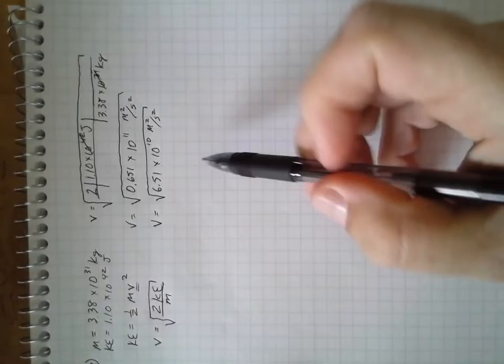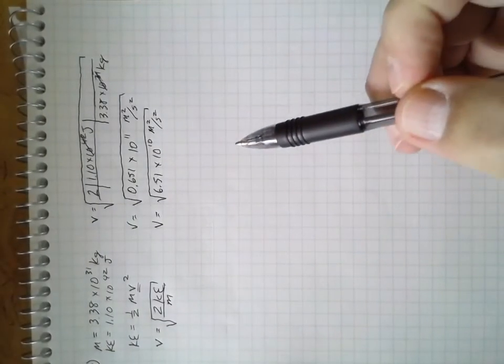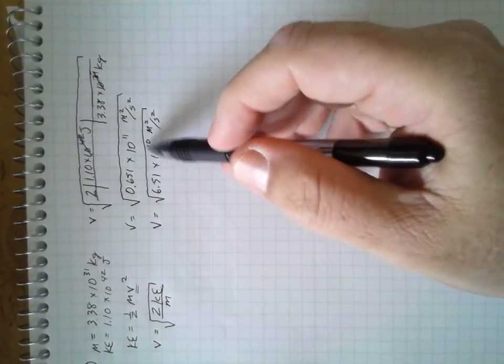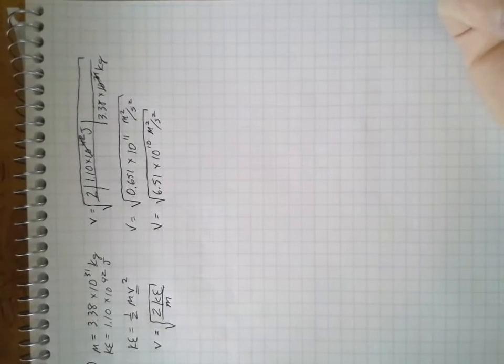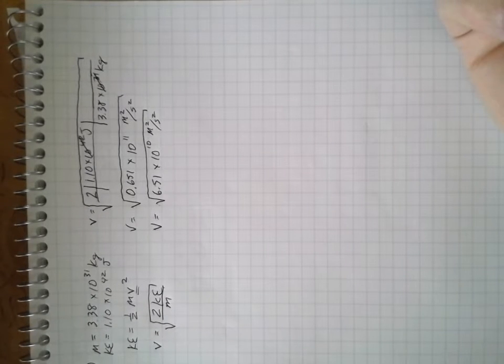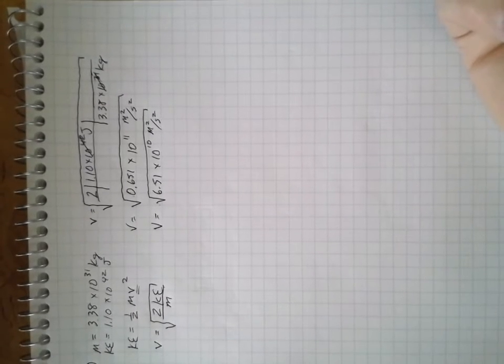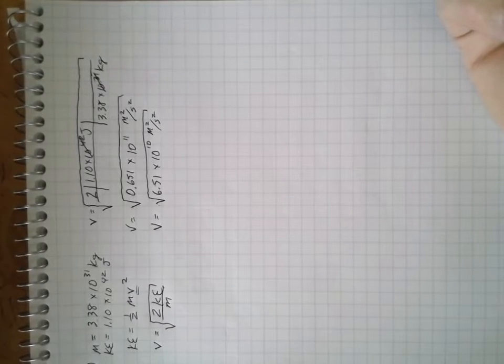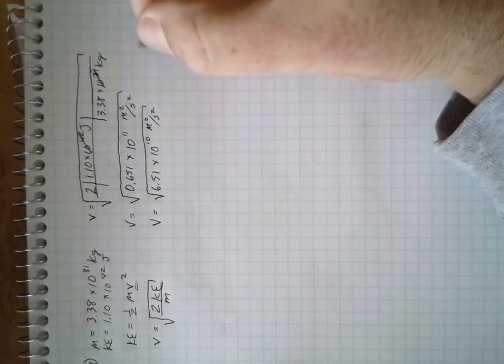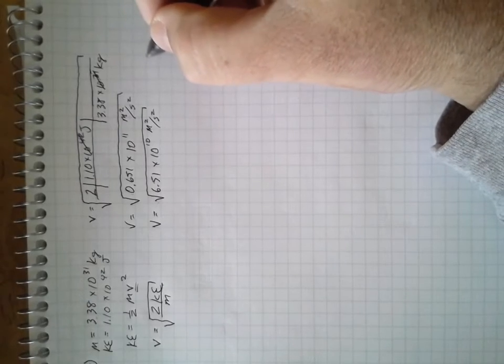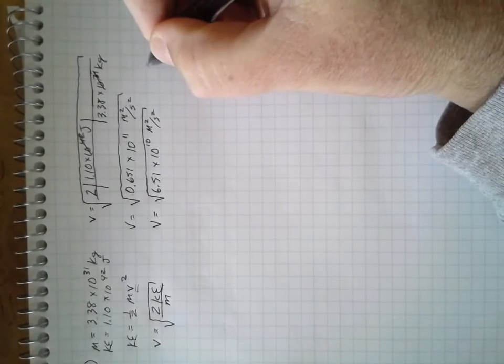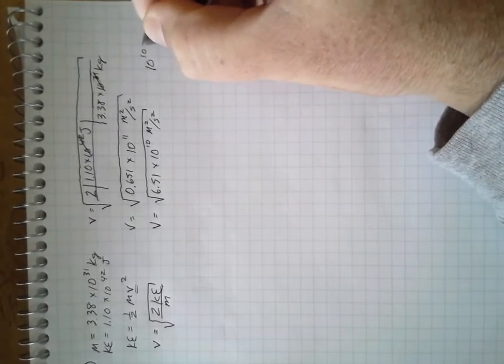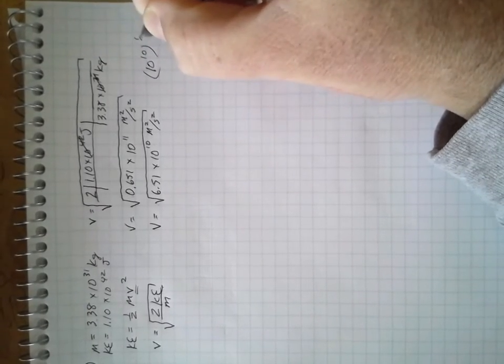I've got two numbers here. A square root for powers of 10 is like a power of 1/2. Basically it's 10 to the 10 to the 1/2 power.